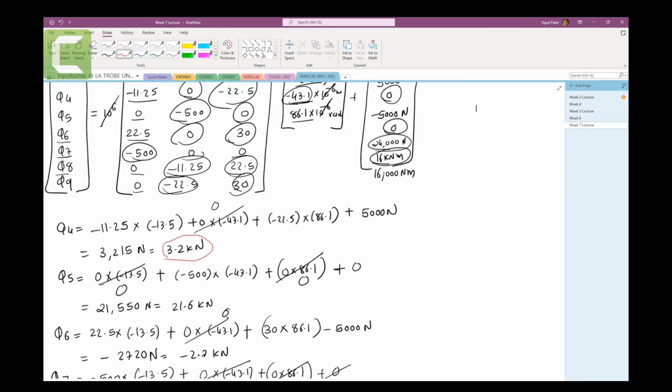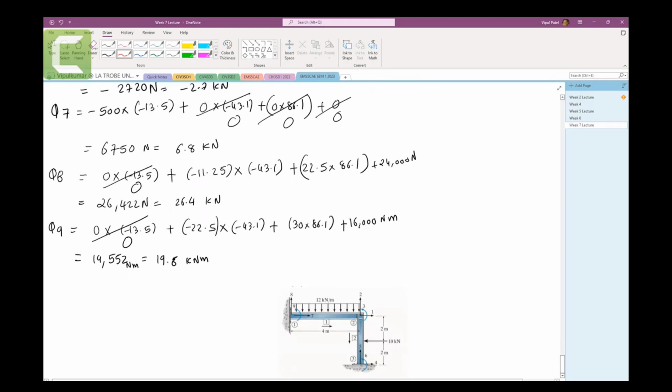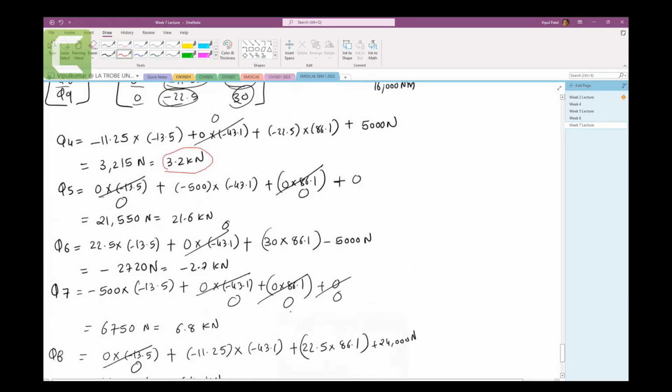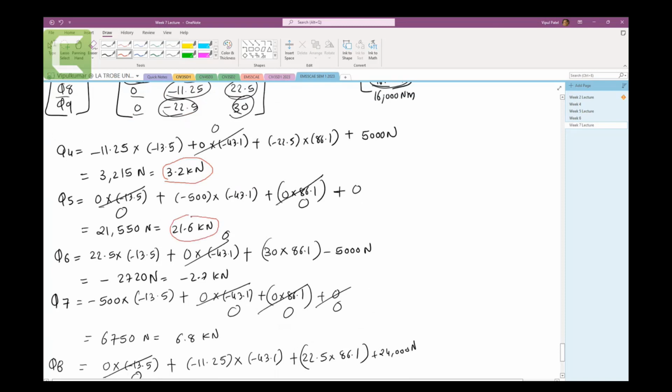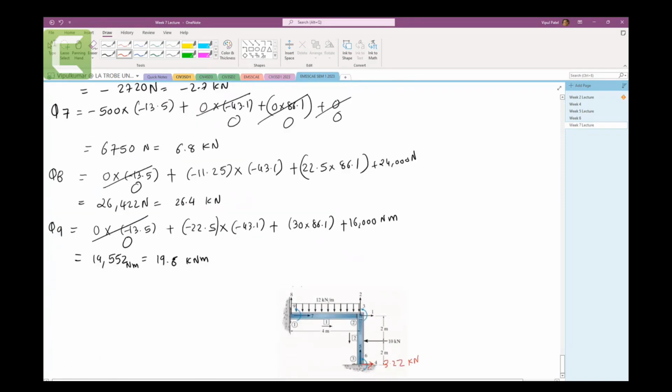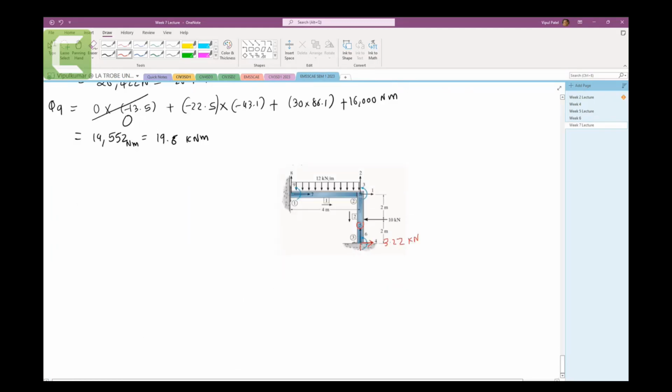So in here, you can see Q4 is going this way, and that is 3.22 kilonewtons. I hope it makes sense. Q5 is 21.6. Q5 in here, that is number 5, and Q5 is 21.6 kilonewtons.